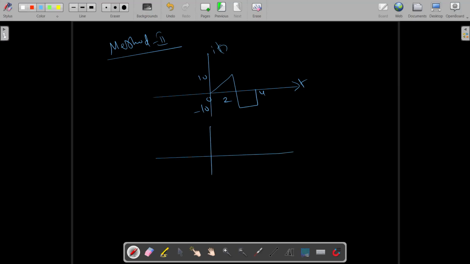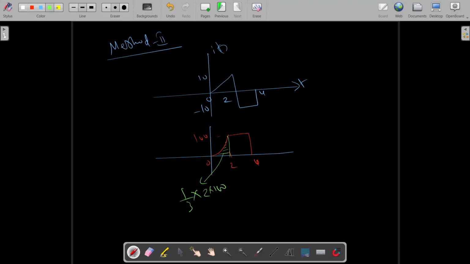If you square this signal, it is going to be a parabola like this. So this is 100, this is 0, this is 2, this is 4, and this is a parabola whose area is 1 by 3 into width. The width is 2, height is 100.